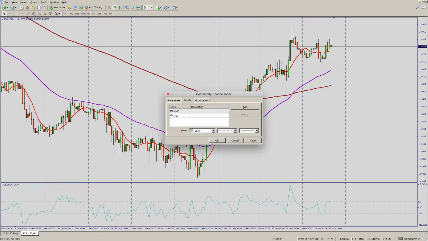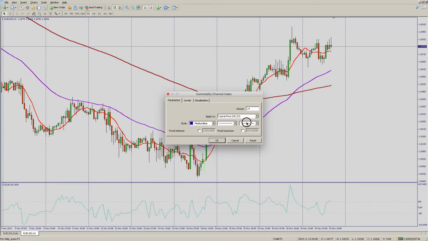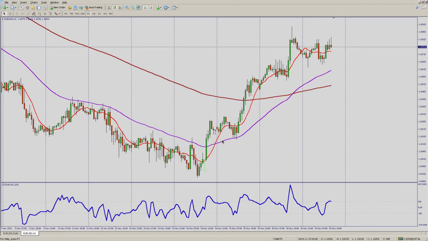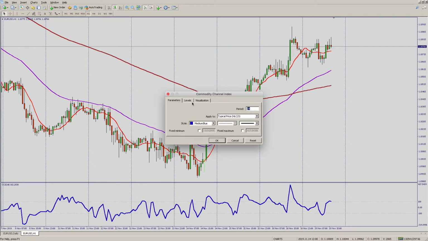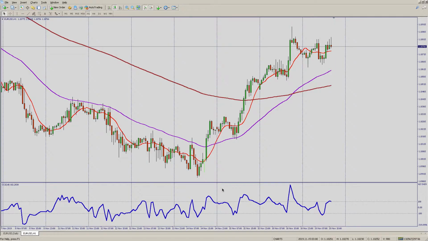Okay, let's change this color. Maybe darker, and change the levels to also a darker shade.